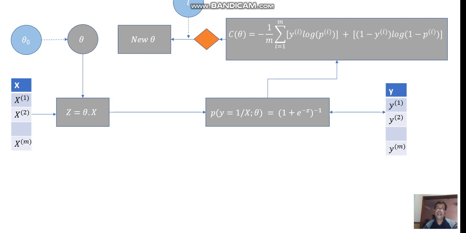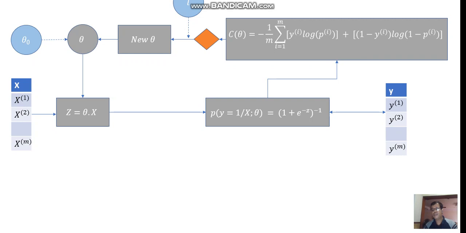By the existing cost of the model and the learning rate, we calculate a new value of theta, and that value is populated into theta, and again the same thing happens. With the new theta we calculate the value of z, with the new z we calculate the probability, then we compare the probability with y, calculate the cost function, and verify whether the cost is minimum or not.